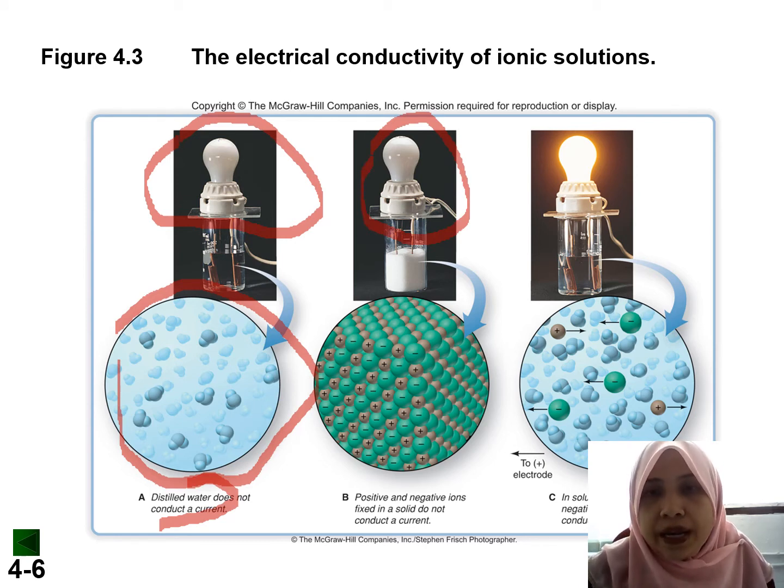However, when the ionic compound dissolves in water, the positive charge will move to the negative charge of the water molecule, while the negative charge will move to the positive charge of the water molecule.